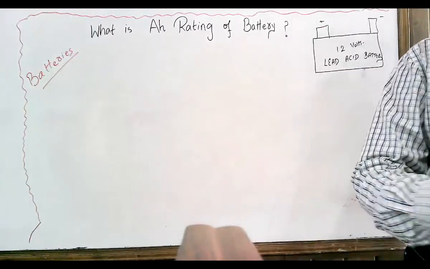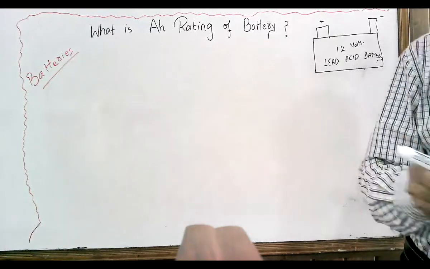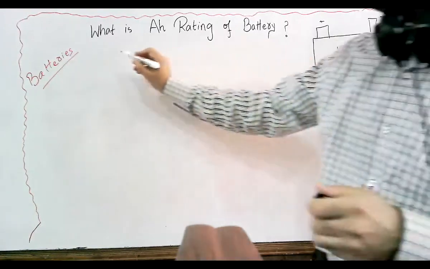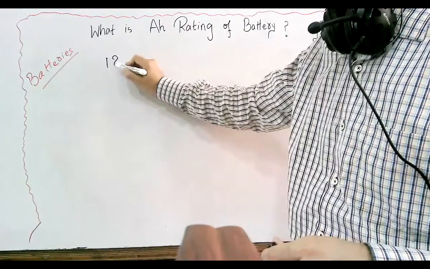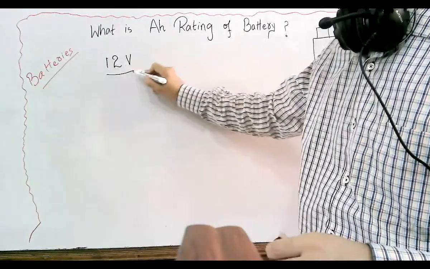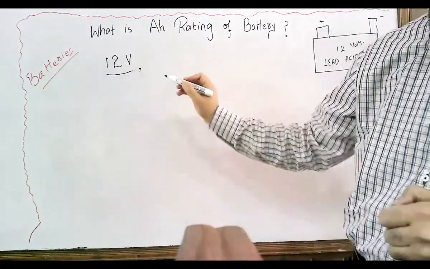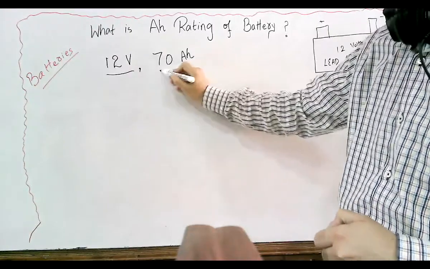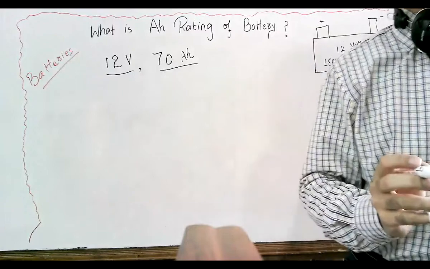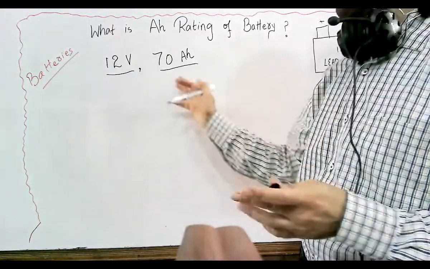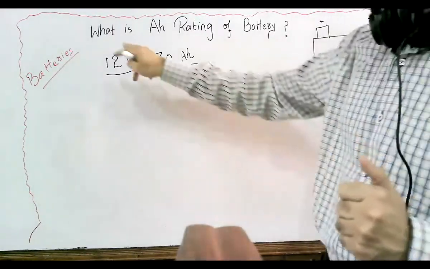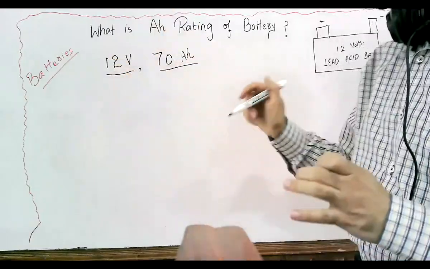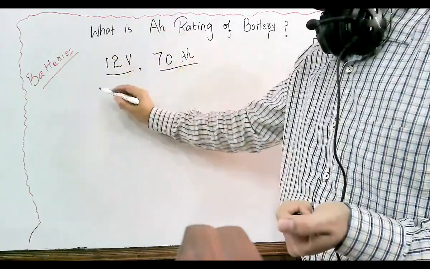Let's say we have a battery which is rated as 12 volt with 70 ampere-hour. Then what does it mean? Whenever this rating is mentioned, the voltage is defined as 12 volt. Now we are interested in two things.